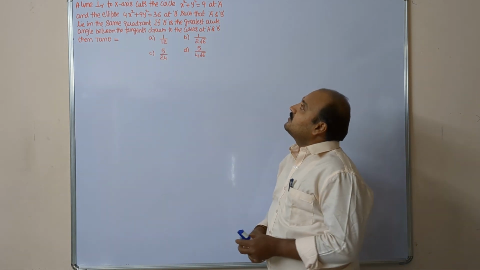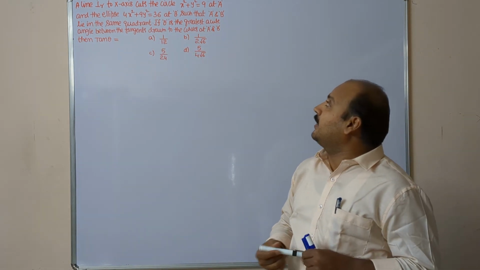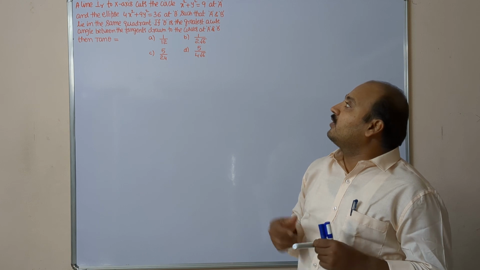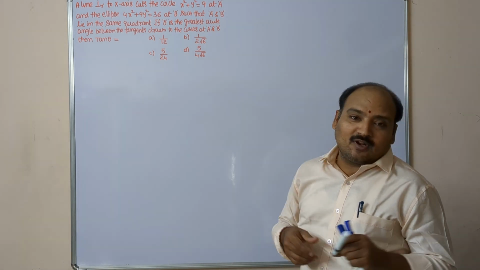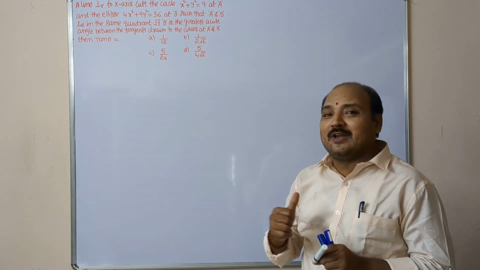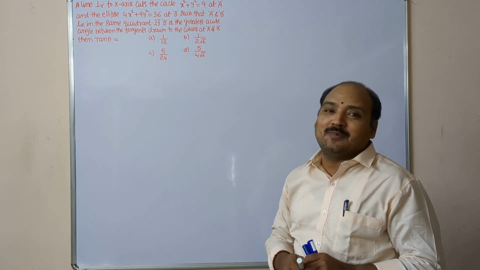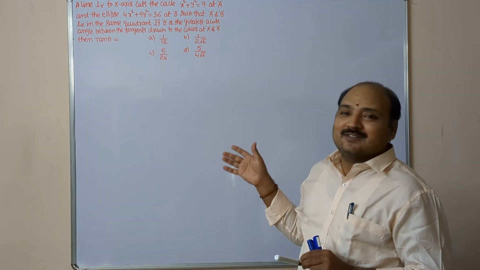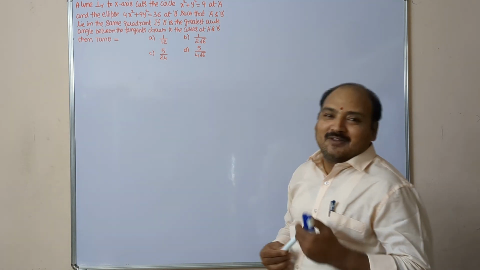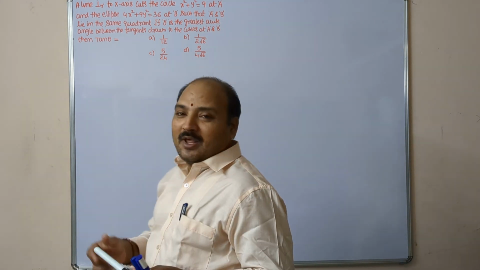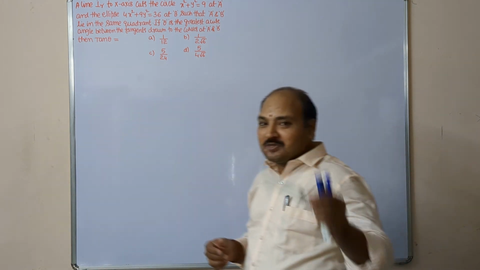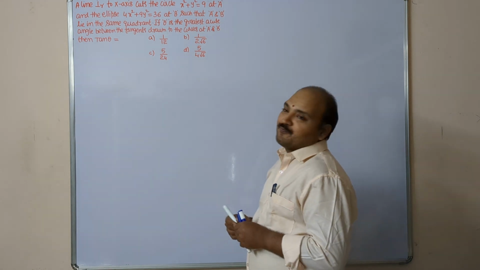If theta is the greatest acute angle between the tangents, here also the maxima minima concept they included. In the year 2019 previous EAMCET TS, this type of question they asked. Keep in mind, dear students, you need to apply concepts. Conceptually if you learn, you will get it.